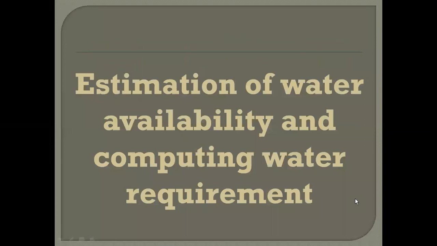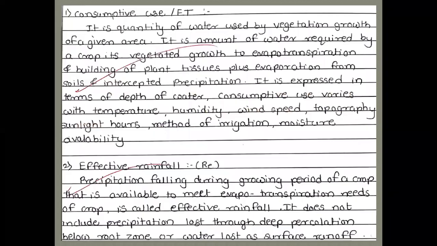Today is my video on estimation of water availability and computing the water requirement. So, for computing the water availability, the first point is consumptive use or ET. It is the quantity of water used by vegetation growth of a given area.